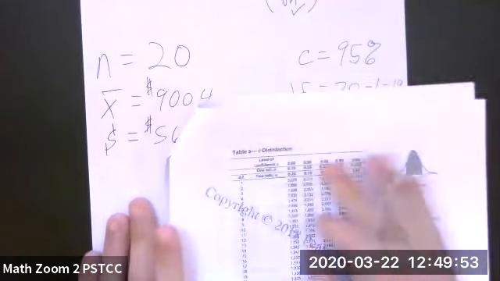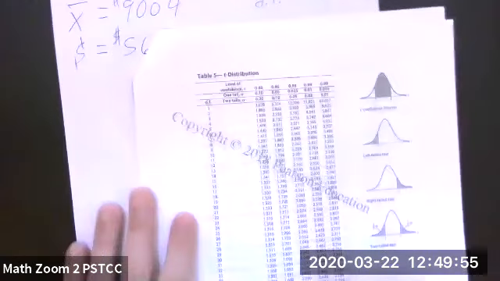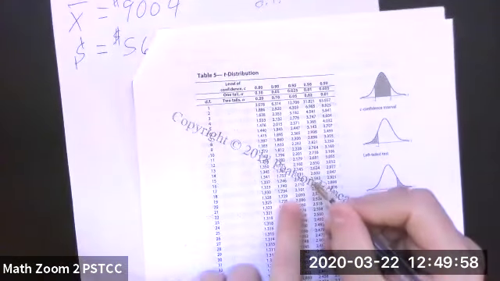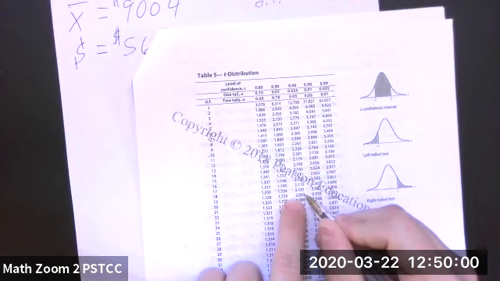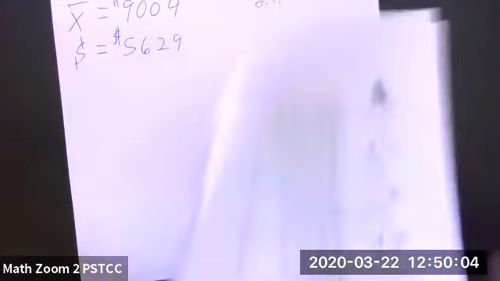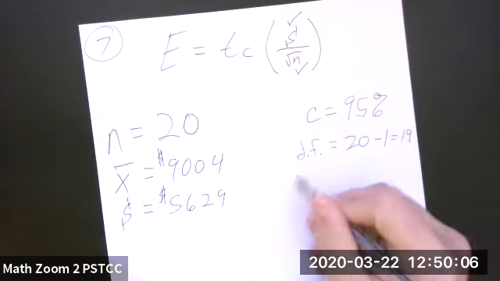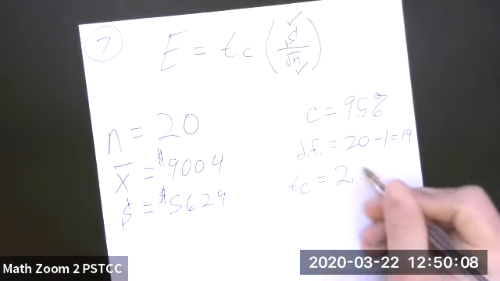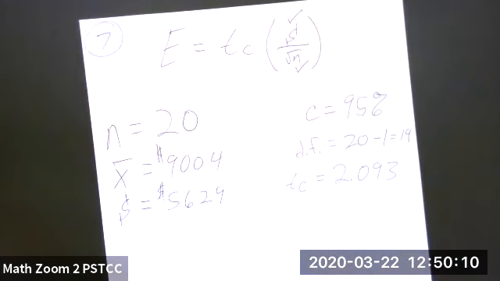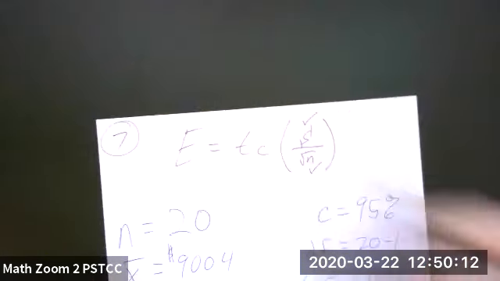Go down to degrees of freedom of 19. The t critical value here is 2.093. Which means we have enough information to use the formula.